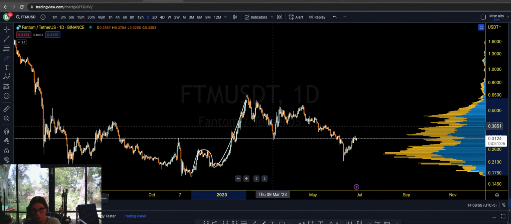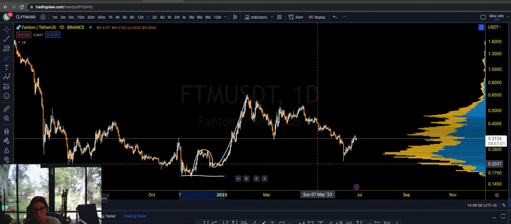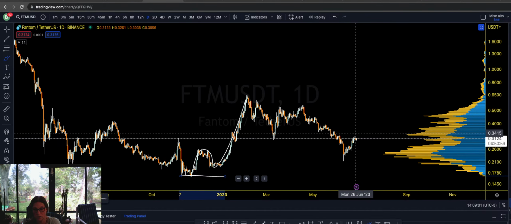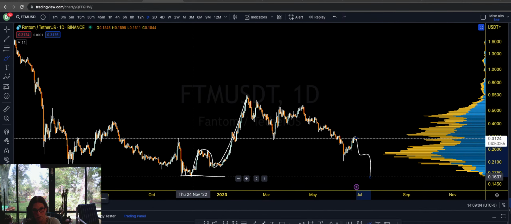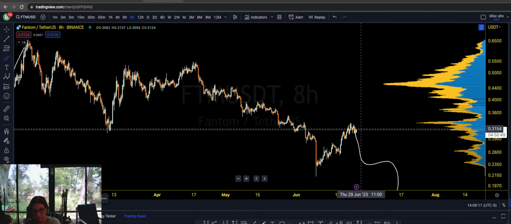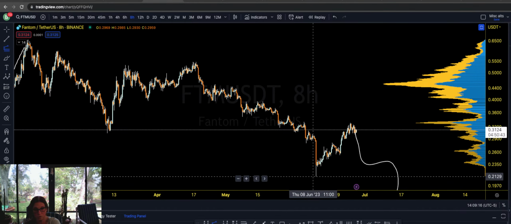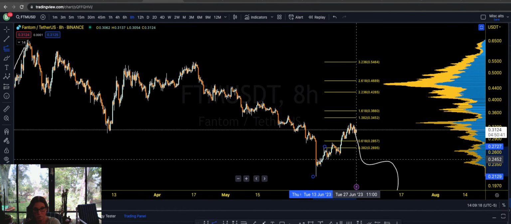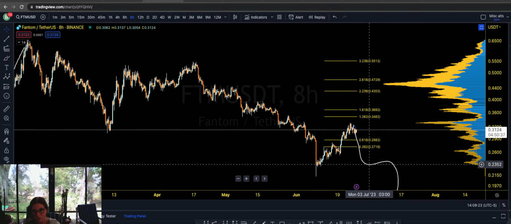If I'm wrong, then this is the invalidation for it right here. And then this would need to be the start of something, because if this isn't and it rolls over, it's probably going to tap that low. So again, it needs to finish. It's sitting in a 4th. Yeah, it hasn't even reached its 3rd wave yet.